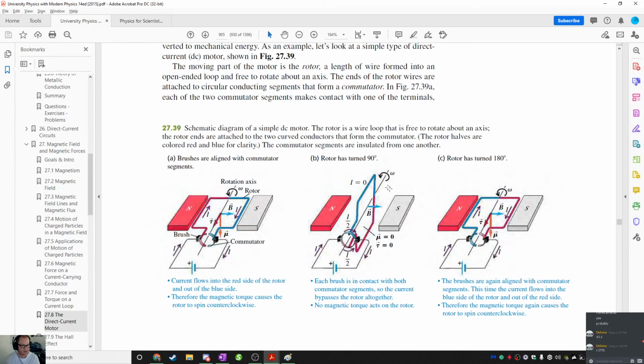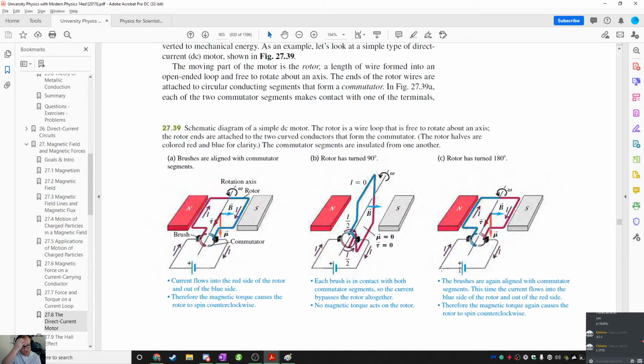And after it rotates past that point, contacts are made again, and the current that was flowing in the red side over here is now flowing in the blue side over here. So red and blue have switched each other, right? But that means that the magnetic moment is down again, which means that it can rotate back up to the same position again, and then repeat the process over and over again.